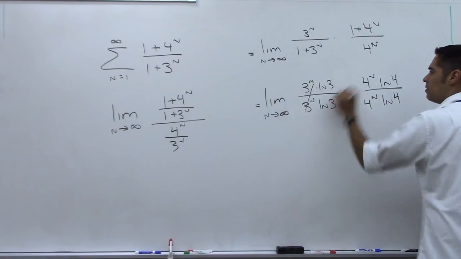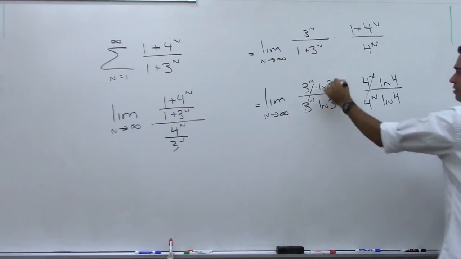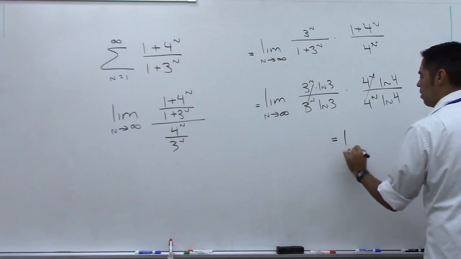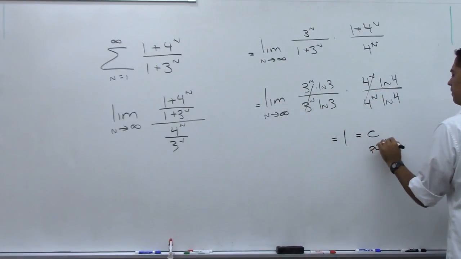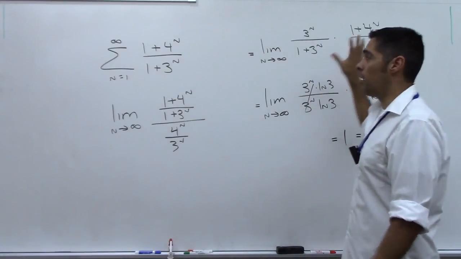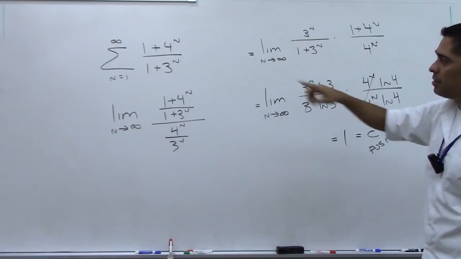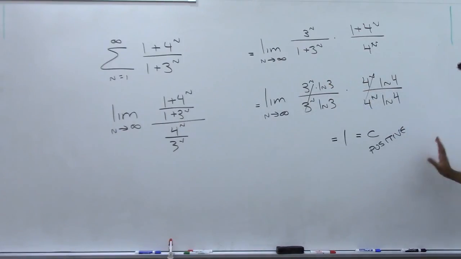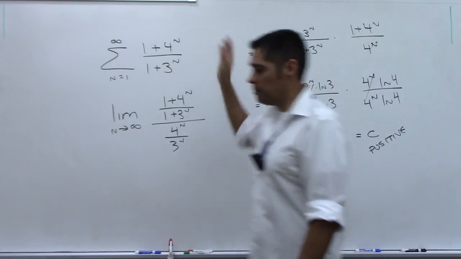And then these cancel, and that's a 1, and that's a 1. So this all equals 1, which is a constant, and it's positive. So whatever I compared it to does, this one does. Remember, I compared it to a divergent geometric series, so that's going to be divergent.